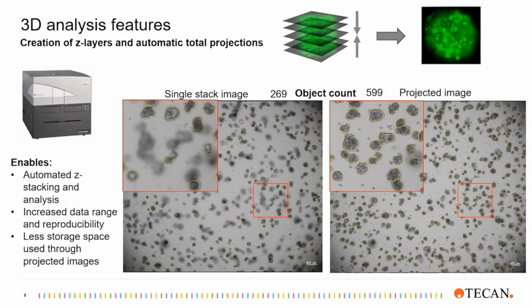So this feature allows for automated Z-stacking and analysis of objects distributed in all 3 dimensions of a microwell. In addition, since you can decide to save only the Z projection, it allows to significantly reduce the space on the hard disk otherwise occupied by the Z-stack images.